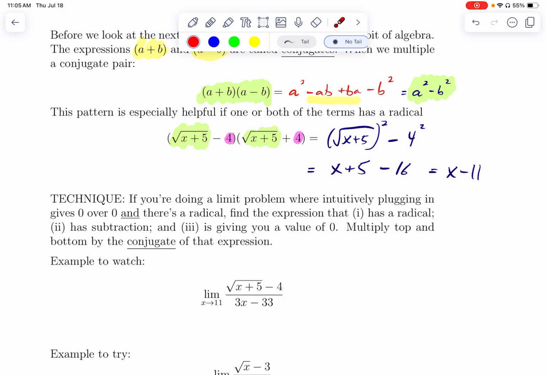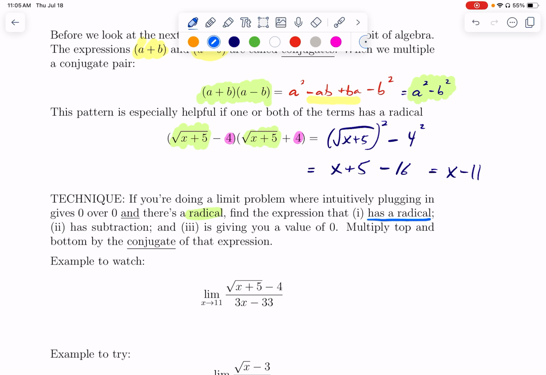If we're doing a limit problem where intuitively plugging in gives us 0 over 0, that's what we keep seeing, right? I plug in and I have 0 over 0, it's undefined. What do I do? If you notice that there's a radical, here's what you want to look for. You want to find an expression somewhere in your problem that has the following three properties.